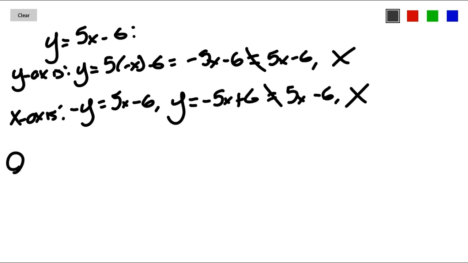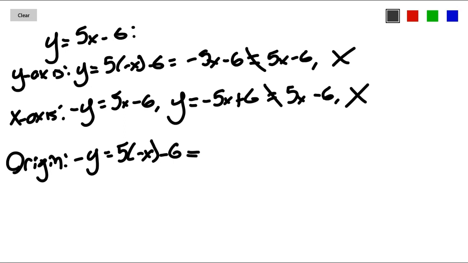Now to test for symmetry about the origin, I substitute negative y in for y and negative x into x. So I have negative y is equal to 5 times negative x minus 6. And then I solve for y.